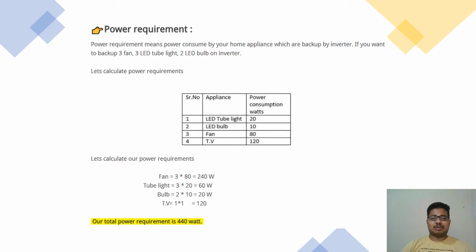Those things are not good to keep on this power backup, because they will draw a little more current, and there are chances of damage if we use them continuously. So it's not good to use very high powered devices on backup. Only small devices we can use, so there won't be any issue. So in this case we have 440 watts of power backup.